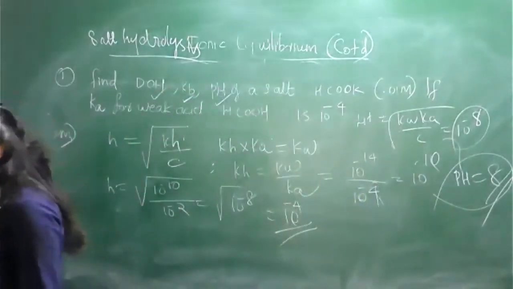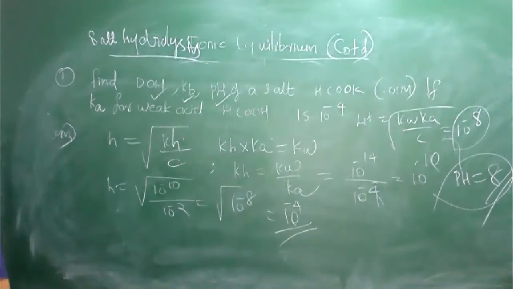Ma'am, I don't understand how Kw comes. Kw is the ionic product of water. He is asking how Kw is 10 to the power minus 14. You want to revise.